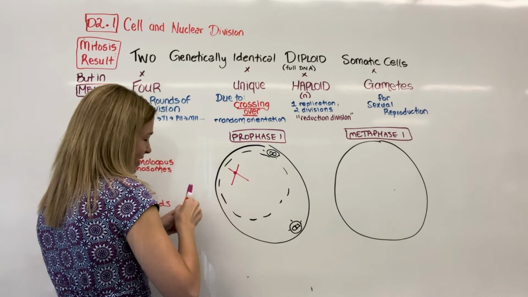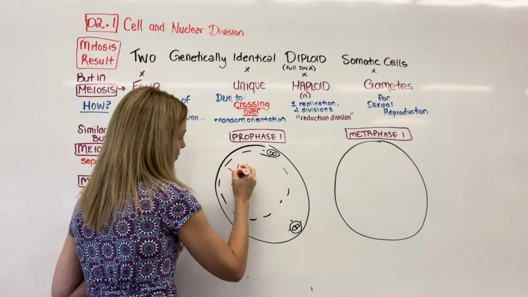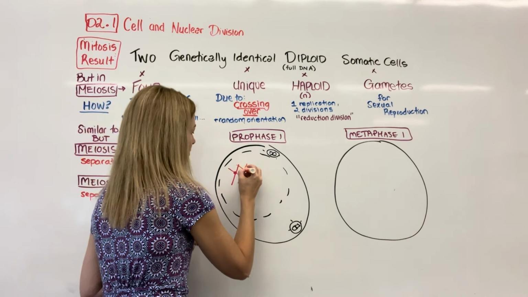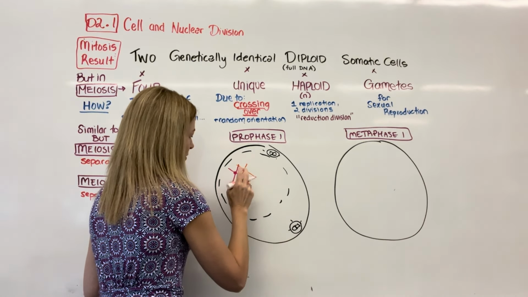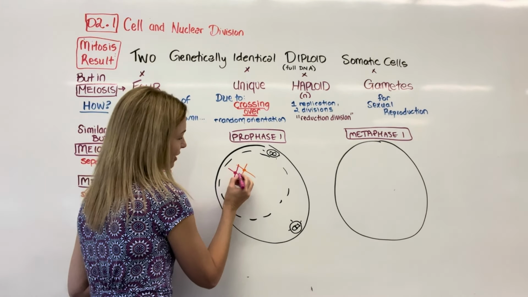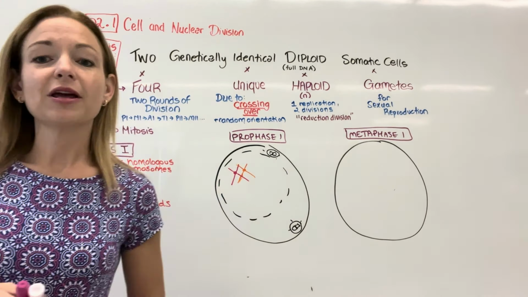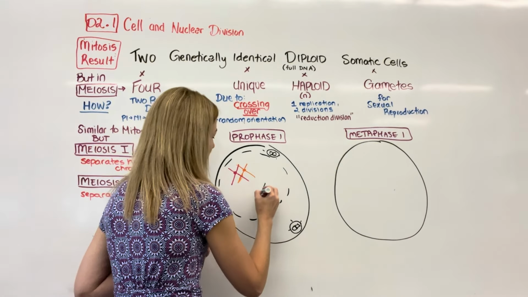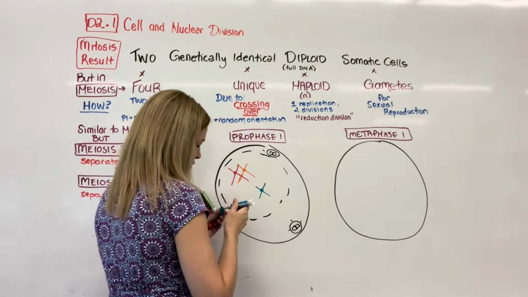So they're going to join together and they're going to basically fall on top of one another. Sorry, this should be here. So they're going to come together and literally overlap with one another. That's going to be how crossing over can occur. So that's going to happen with every pair of homologous chromosomes.